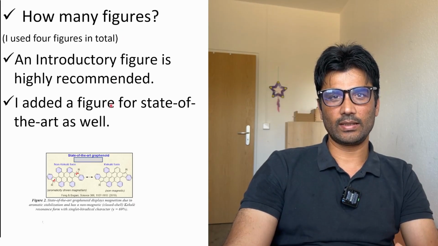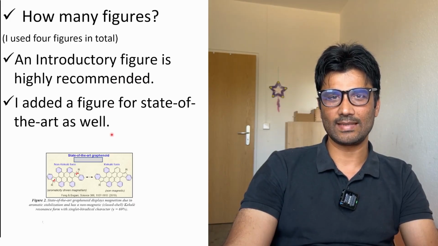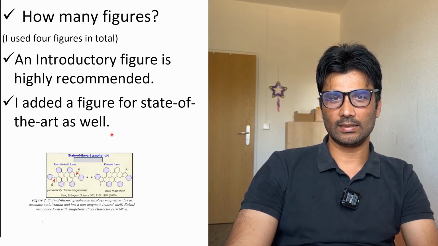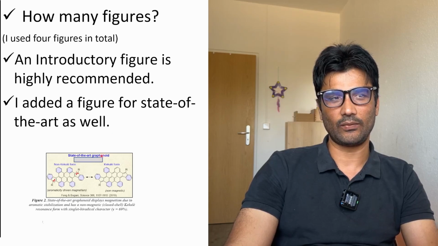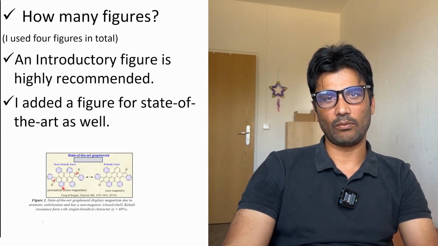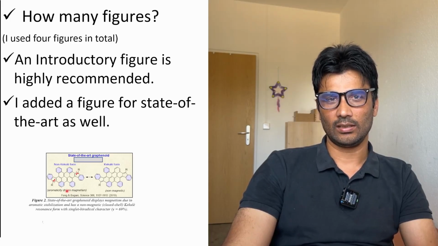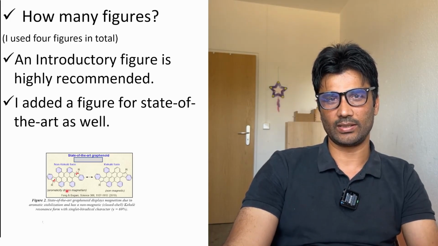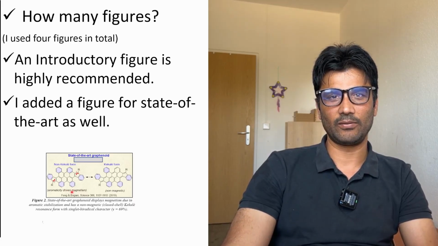For example, I also used a second figure on the first page about the state of the art, because I wanted to make sure that they understand what I'm going to say in the state of the art. Here I show a paper that was published back in 2009 in Science, and it shows a record room temperature spin coherence time for these magnetic graphenoids.